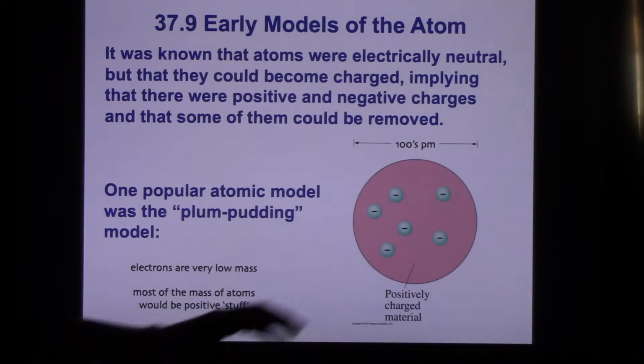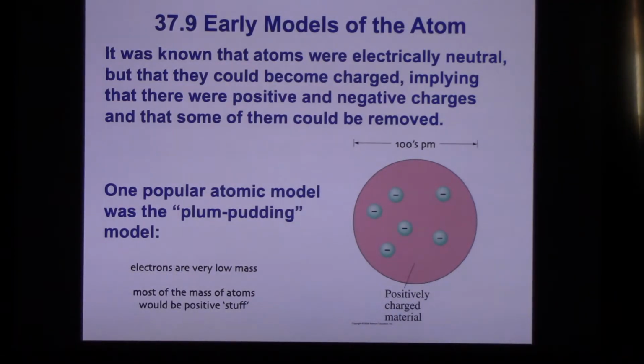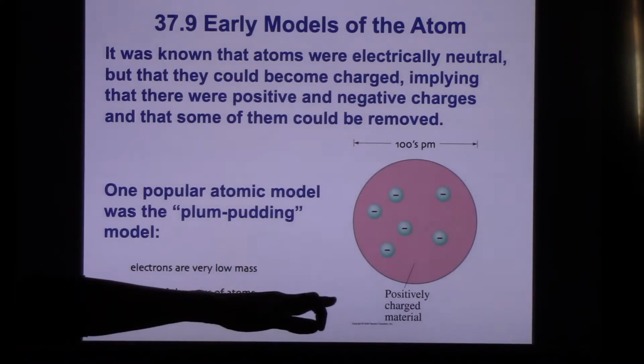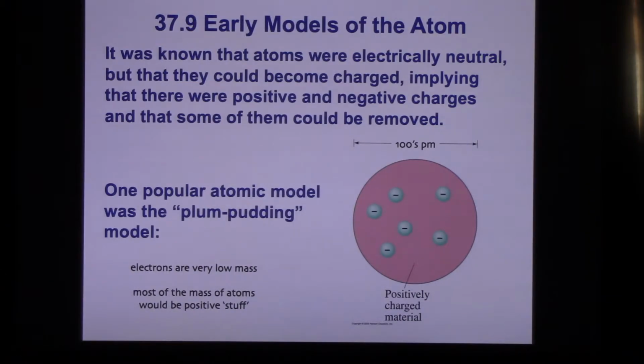And it was found that the electrons were really light. The masses were really, really light, much lower than the masses of atoms that had been measured. So it seemed like the electrons were not much of the mass, which is true. The electrons do not make up very much of the mass of atoms and molecules.